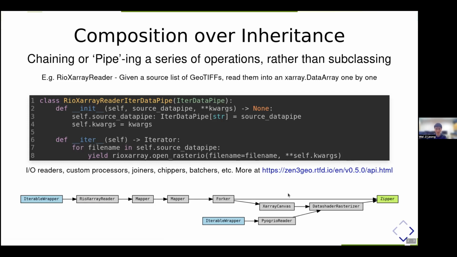And what this means in practice is, say you want to build a custom data pipe. So this is one example at the bottom here, where you can have a RioXarray reader, which reads in, say, geotiffs. You can have a pyogrio reader, which reads in, say, GeoJSON files, any vector OGR format. You can perform a series of operations on them using individual data pipes.